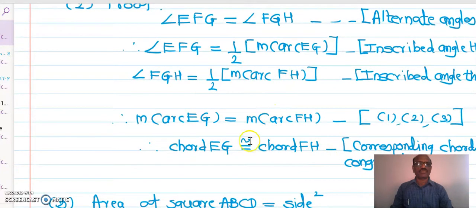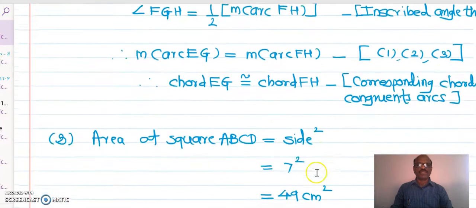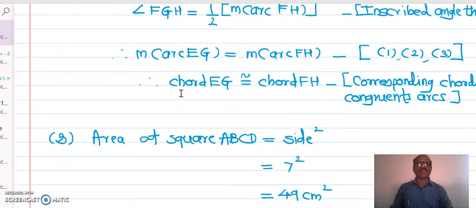Therefore from these two, we have measure of arc EG is equal to measure of arc FH. And that's why we come to the conclusion that chord EG is congruent to chord FH, that is the corresponding chords of the congruent arcs.